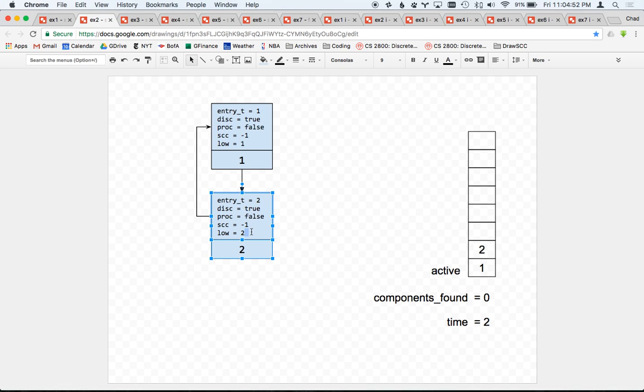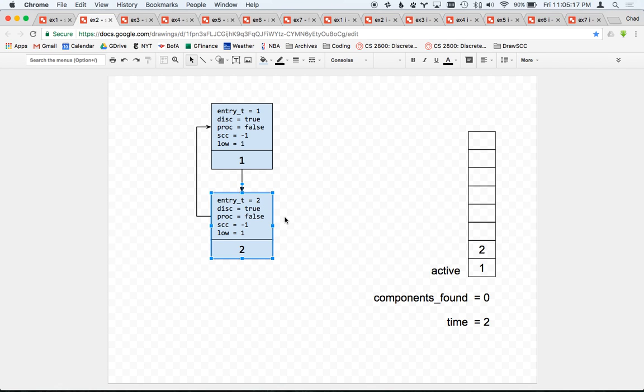So we can get to an earlier vertex than vertex number 2. That is, we can get to vertex number 1. So we mark the low as 1. And then, because this vertex had already been discovered, we don't need to conduct a search of it, which means we are done processing this edge, and we return to processing any other edges of vertex 2.